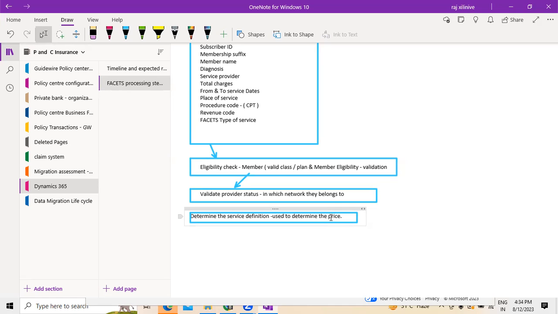When someone has taken an insurance plan, what will be the claim amount, and what amount they are eligible for, will be there.